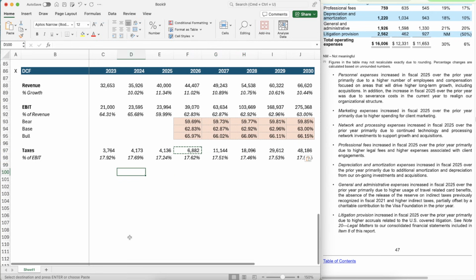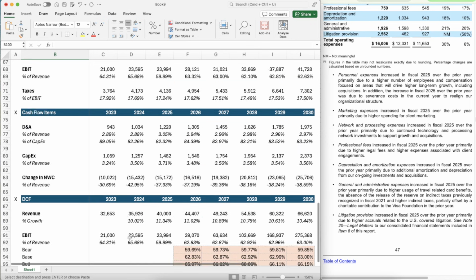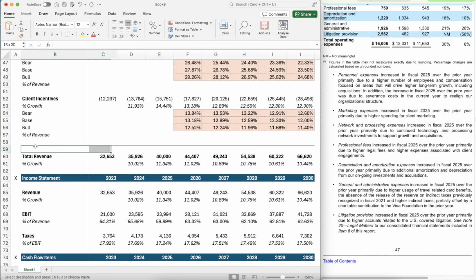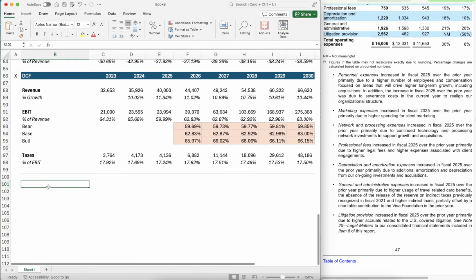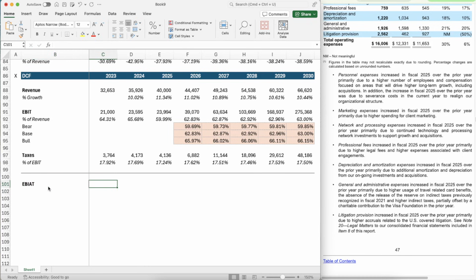Okay, great. Now, back here, you need to put a border there, as so, and we type EBIAT, which is earnings before interest but after tax. For these cells, we calculate the EBIAT by taking our EBIT and subtracting the tax.